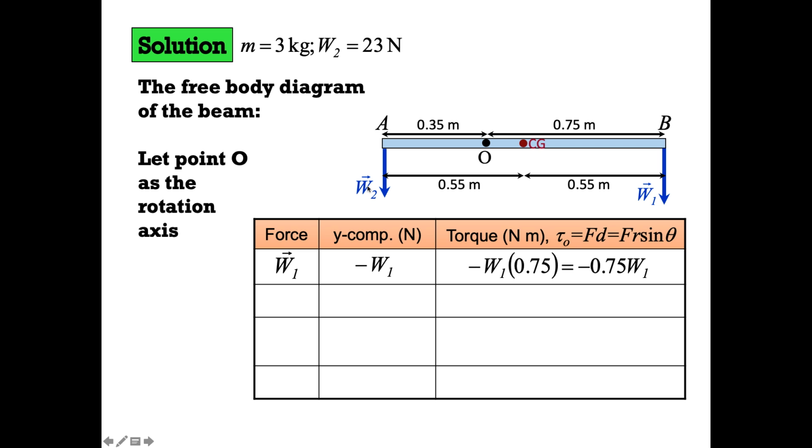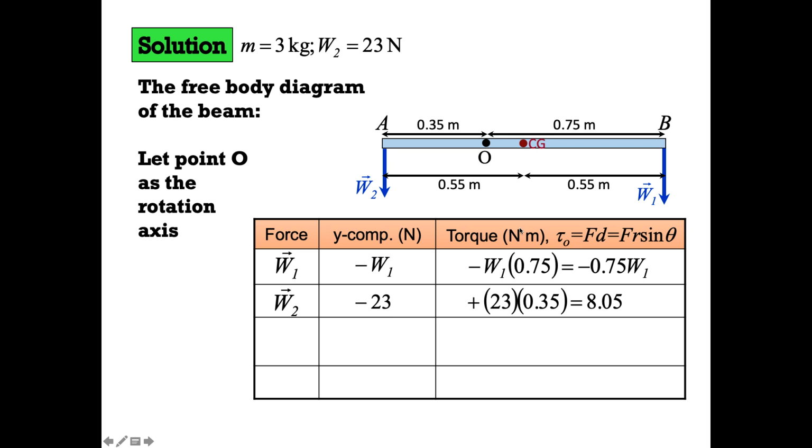Now the second force, which is weight 2. Here is your flower. The question has given the weight of the flower, which is 23 Newton. Because the direction of the force of weight is downward, weight is negative 23.